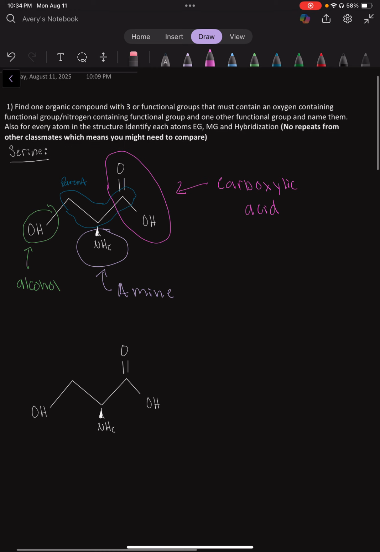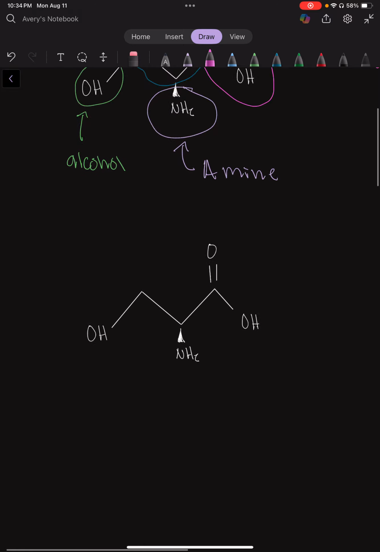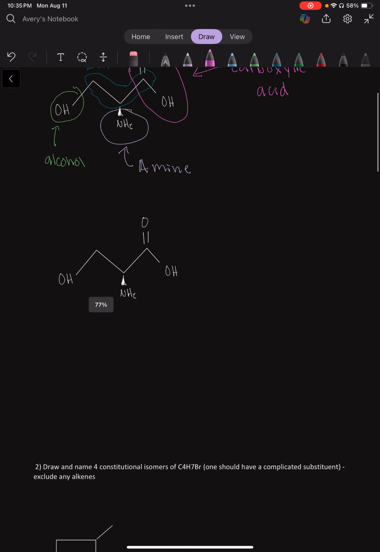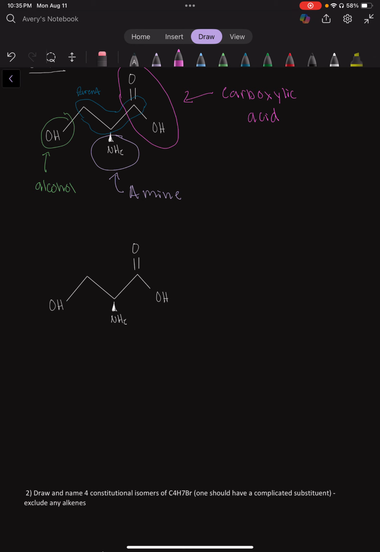Now we have to identify every atom in the structure with all of its fun geometries. So, oh my lord. Okay, for the next one, I'll circle these in purple.